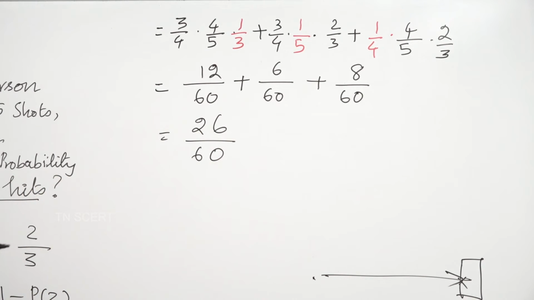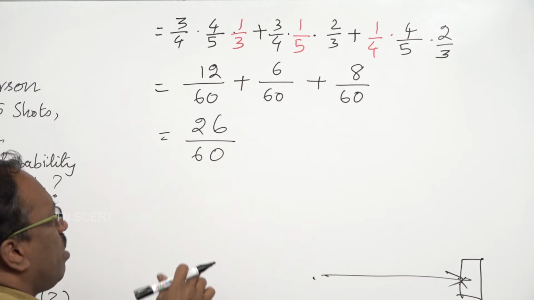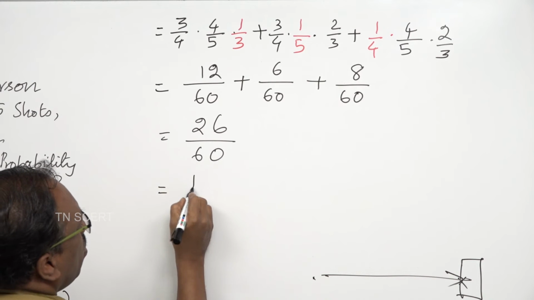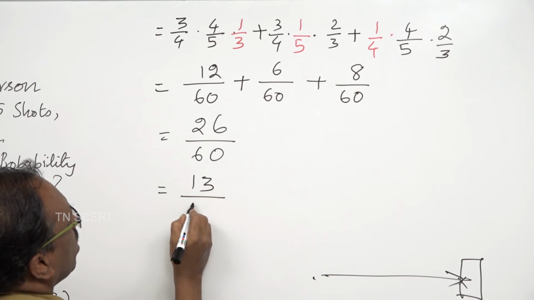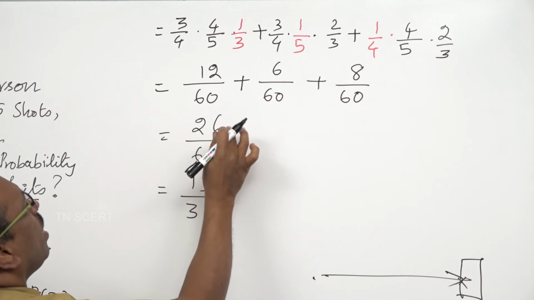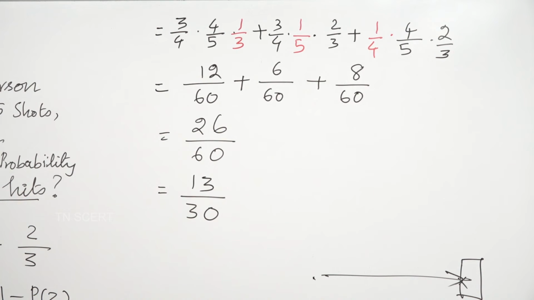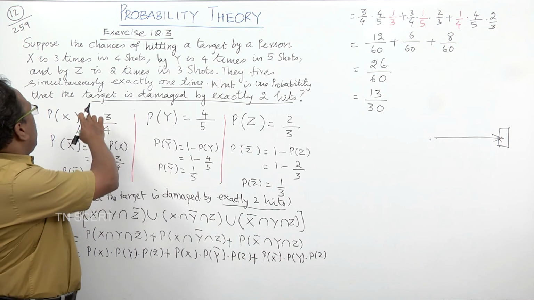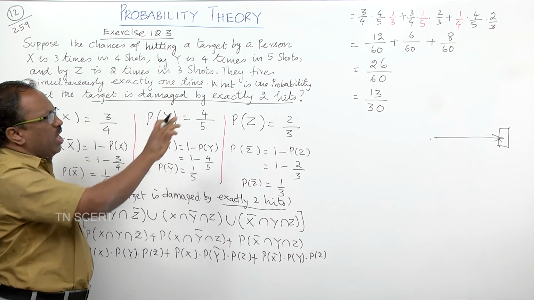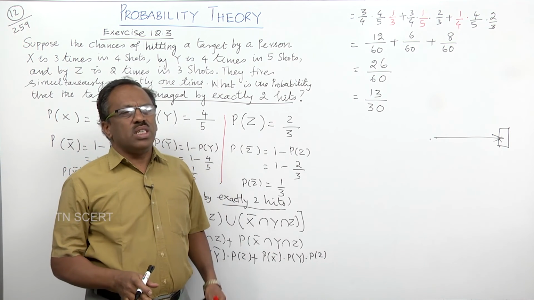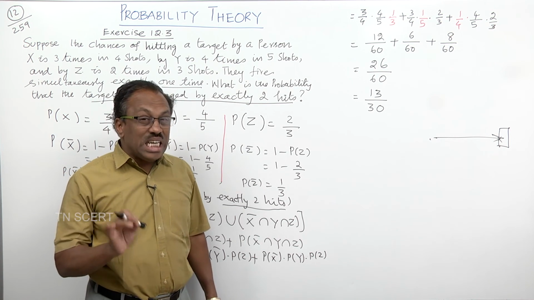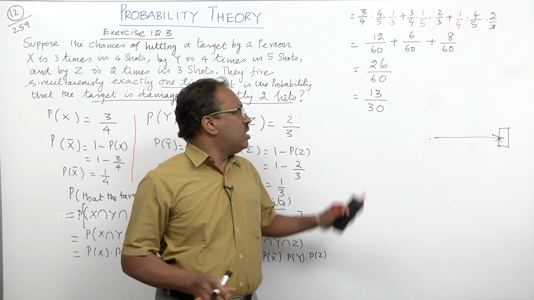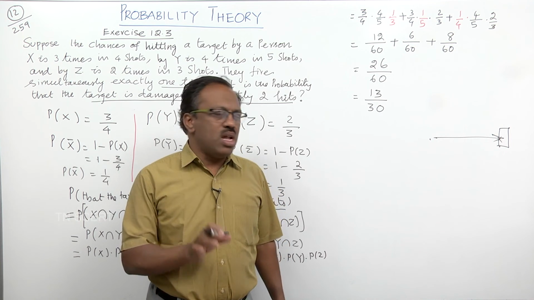The denominator is the same, so it is a simple calculation. 26 over 60, divided by 2, is 13 over 30. That's all. So the probability that the target is damaged by exactly 2 hits is 13 by 30. This is the answer.